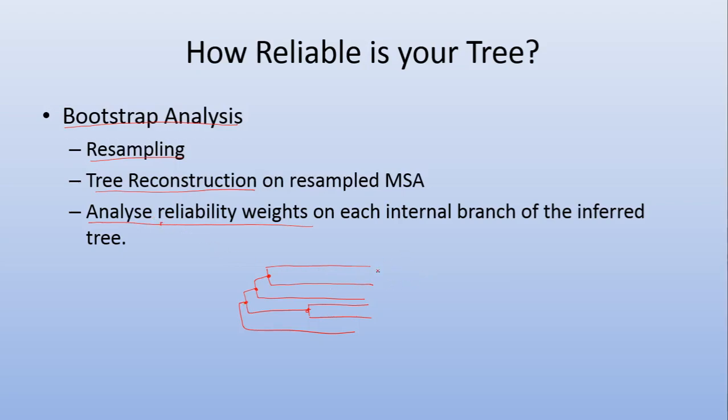Say, for example, you have generated 100 trees from 100 resampled multiple sequence alignments, and out of these 100 times it was observed that 95 times the sequences A and B were found together. In this way, you can say that this portion of your phylogenetic tree is more reliable. The reliability of A and B being together is quite high. So this is how you perform bootstrap analysis and determine the reliability of your tree.